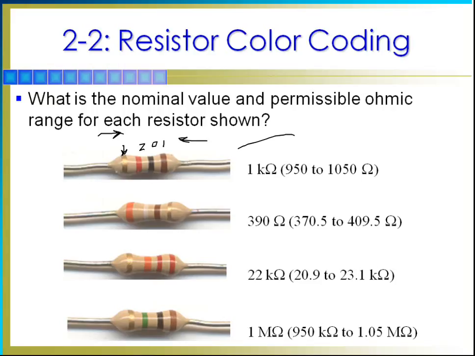So if you look at 1 kilo ohm, 1,000 ohms, plus or minus 5%, this is the range of actual value that resistor can be. This one is 390 ohms, orange, white, 1. So 3, 9 times 10 to the 1. So 390 ohms plus or minus 5%.